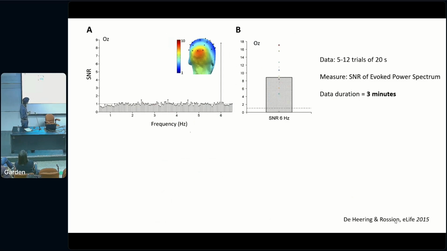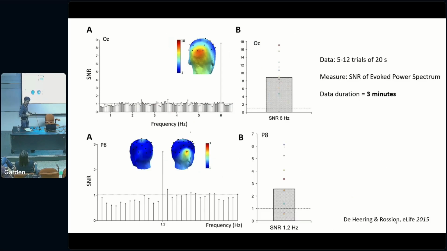And so at 6 hertz, you see that there is a nice medial occipital response, typical of the early visual system. But then if you look at the response at 1.2 hertz, you have a peak which is very much lateralized. And I want to know what Stefania Conte will think about this very lateralized blob.